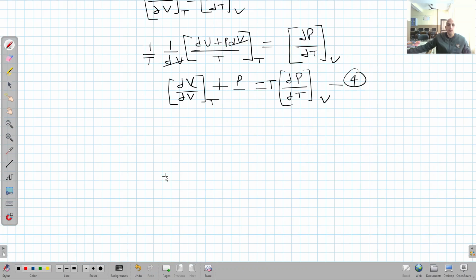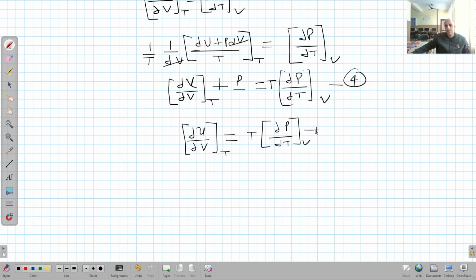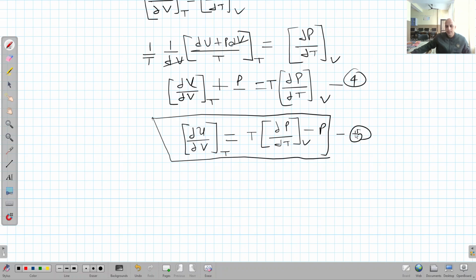Now I can convert this equation further by modifying it: (∂U/∂V) at constant temperature is equal to T(∂P/∂T) at constant volume minus P. Let this be equation number 5. It is called the first energy equation.